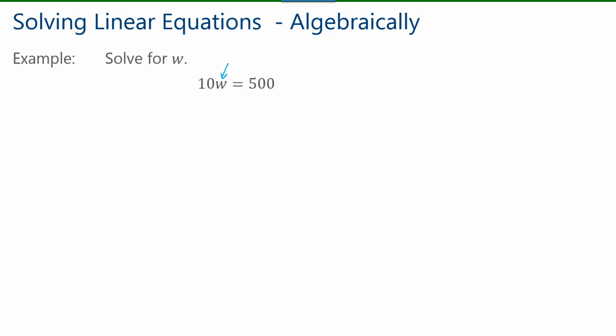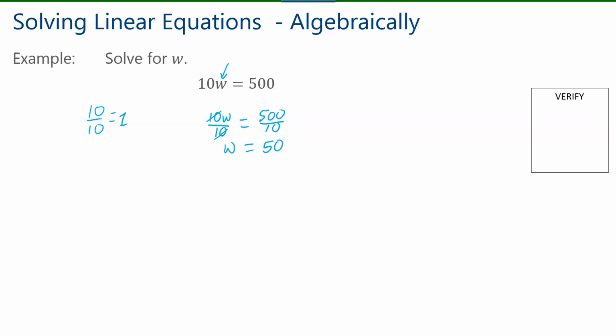The variable that we have to isolate is w. I have 10 times in front of it. The opposite of multiplying by 10 is dividing by 10. If I divide the left by 10, I divide the right by 10. 10 divided by 10, that gives us our 1. So just 1w. 500 divided by 10 is 50.